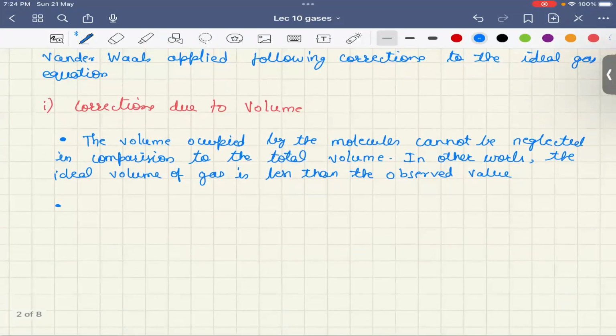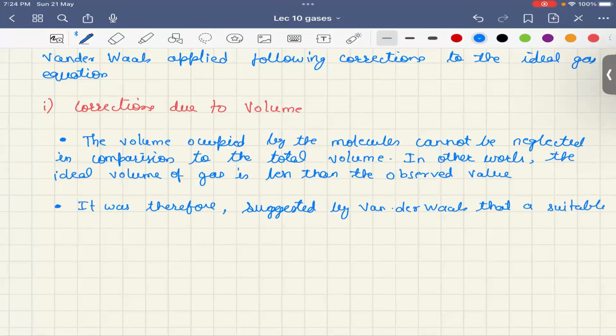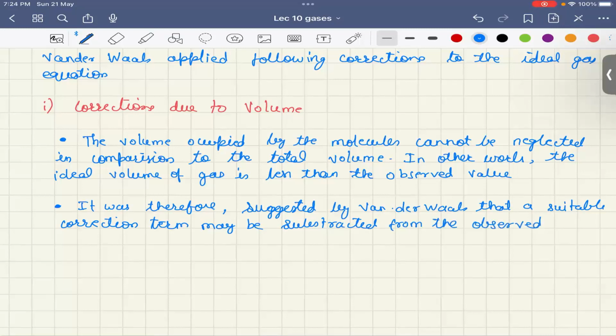It was therefore suggested by Van der Waals that a suitable correction term may be subtracted from the observed volume.